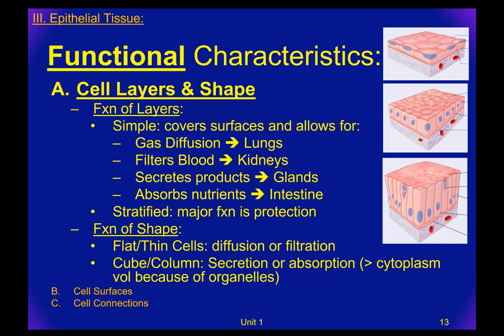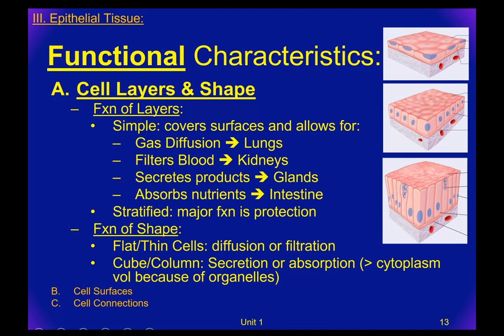But I would need more room to accommodate that machinery. It's the same concept. With cube and columnar shaped cells, the cells are bigger because their jobs are more complicated, which means internally I've got to house more complex things.